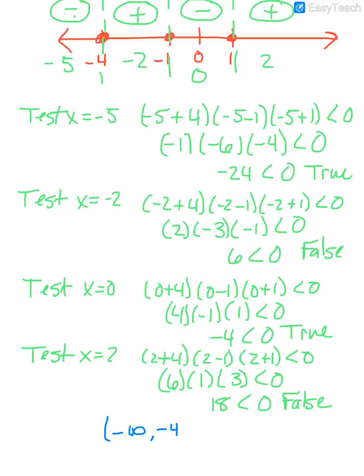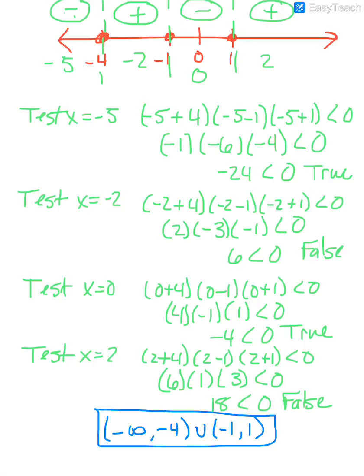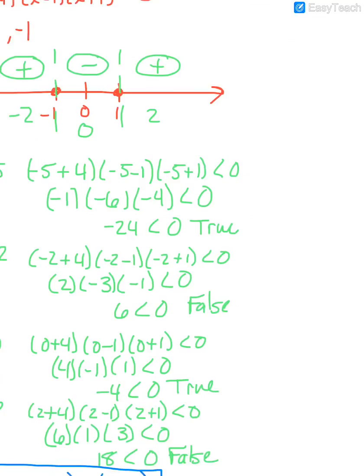Remember, it's not including the 4, so it'd be a parenthesis. Then union, parenthesis, from negative 1 to 1, parenthesis, because after that, it's positive, so it doesn't make it true. So then this would be my answer. Okay? Let's move on to the last example here.